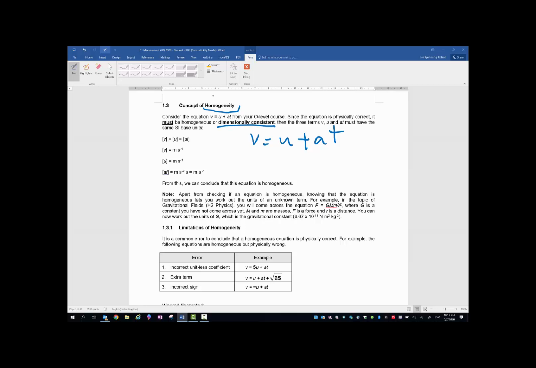But let's test it. If it is correct, it has to be dimensionally consistent. What's the meaning of dimensionally consistent? It means that every single term has to have the same unit. The unit of v is meters per second. The unit of u is meters per second.